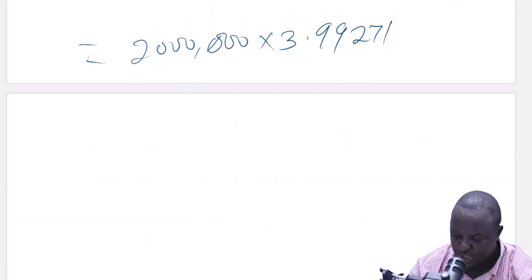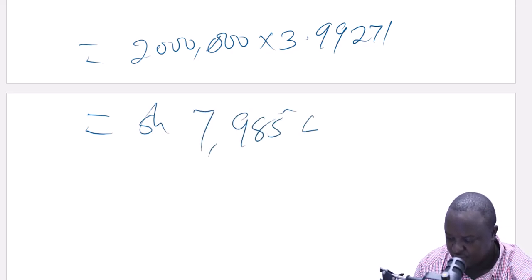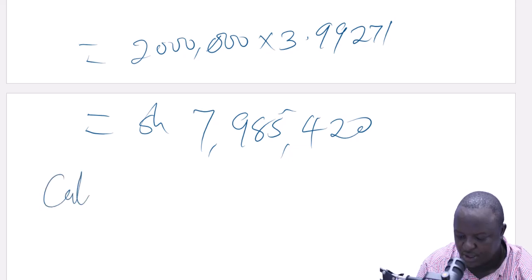Which means that the present value is 7,985,420 for project X.